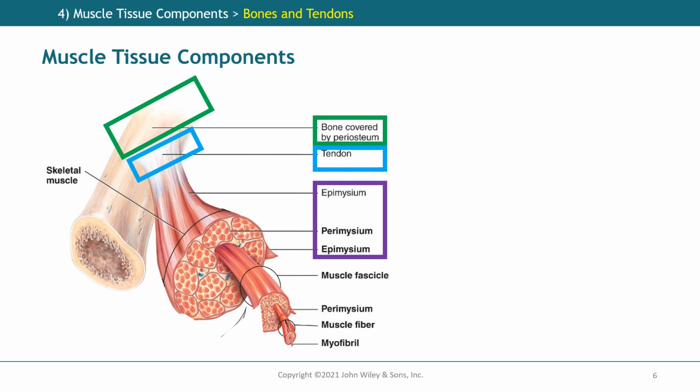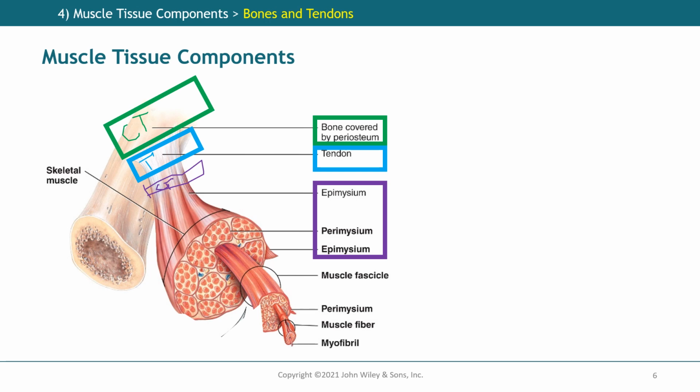This is just connective tissue that attaches to the tendons. Here in blue you will have the tendon, and here we can add another one in purple that will again be connective tissue. And later we will talk about the names.